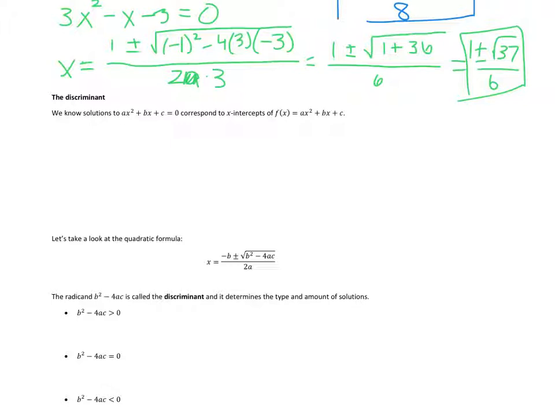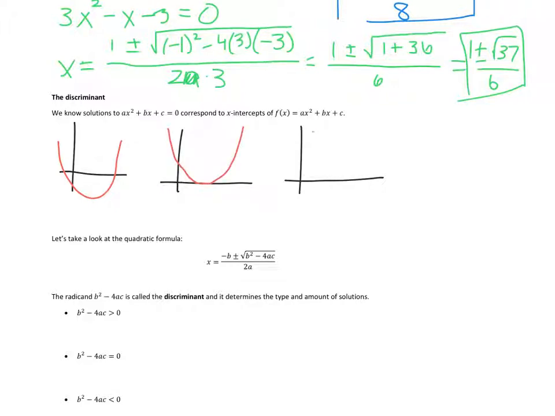So remember, we talked about, let's draw 3 cases. We know the graph of ax squared plus bx plus c would look like a parabola. So we have a couple options when we're talking about solutions. 2 x-intercepts is 2 solutions. 1 x-intercept is 1 solution. No x-intercepts is 0 solutions.